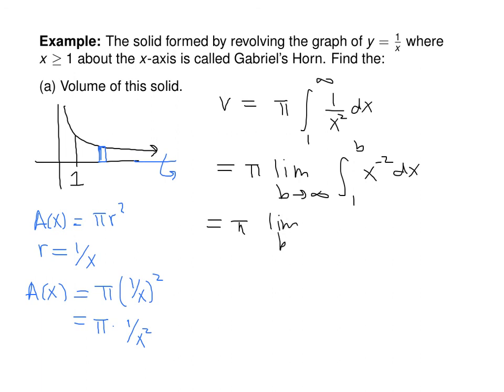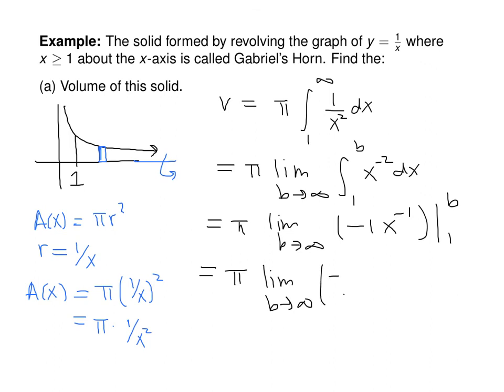So the antiderivative of x to the negative 2 is negative 1 x to the negative 1. Now plug everything in. We have pi times the limit as b goes to infinity, negative 1 over b plus 1, and 1 over b goes to 0, so the volume of this horn is pi.